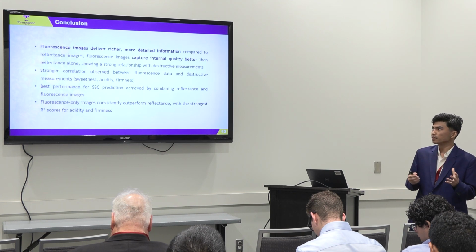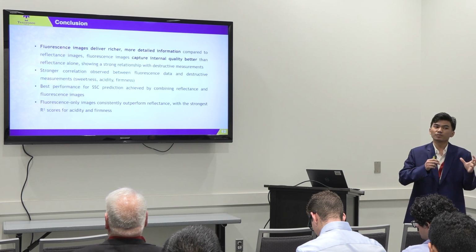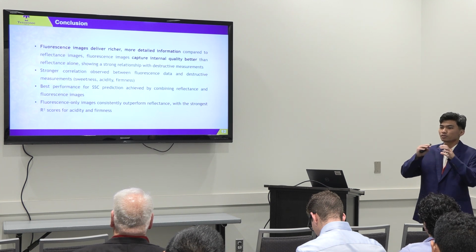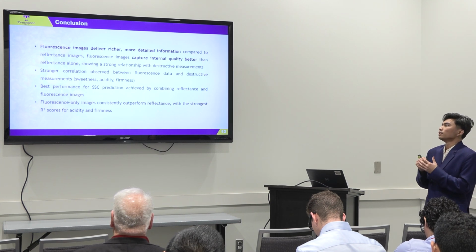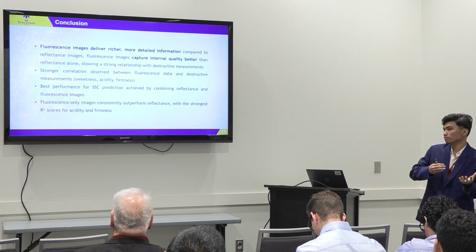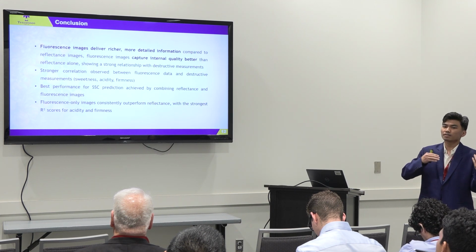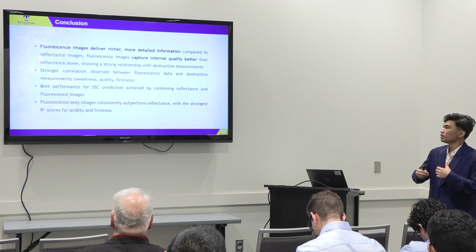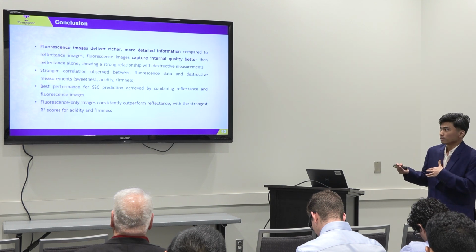So the conclusion here: compared to reflectant imaging that can only capture surface level information, UV imaging can capture internal quality better than the reflectant imaging, and it also has a strong relationship with the destructive data.